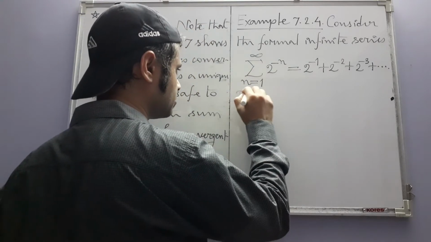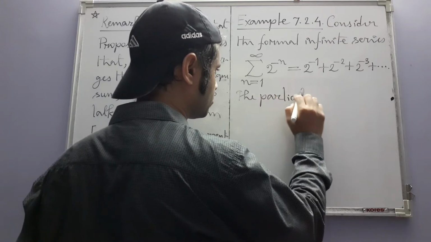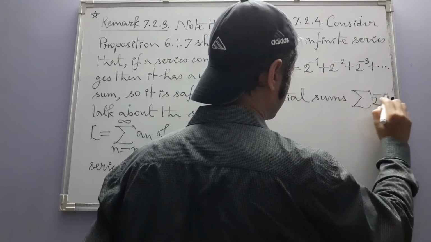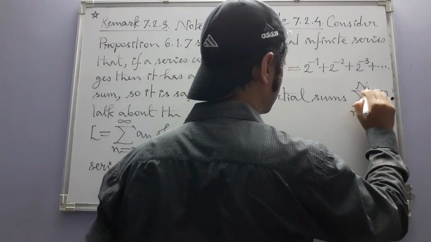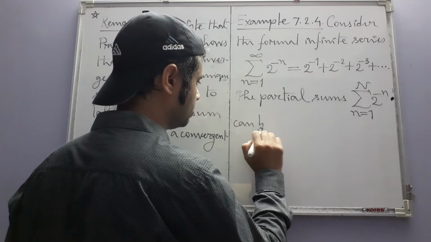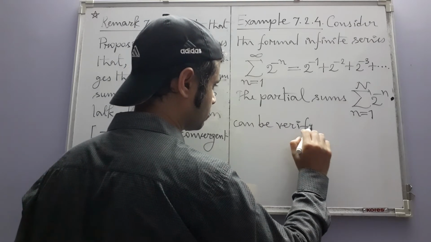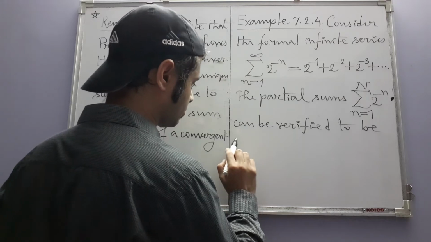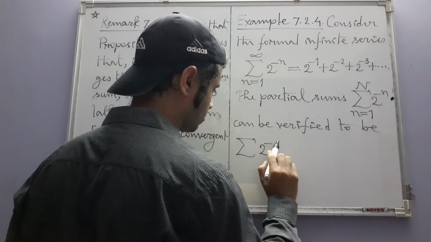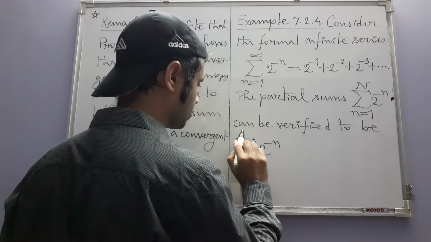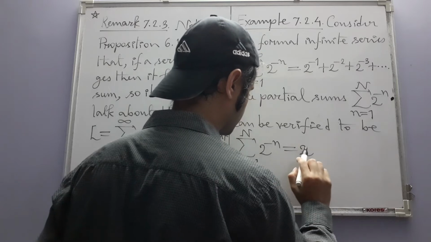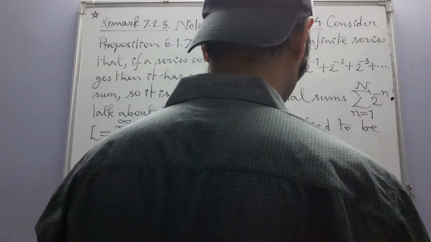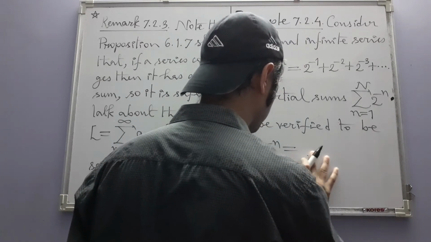The partial sums, n equal to 1 to N, can be verified to be 1 minus 2 to the power minus N. So we are considering 2 to the power minus n, so it is minus N, not plus N. Okay.